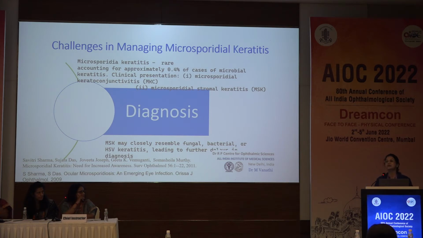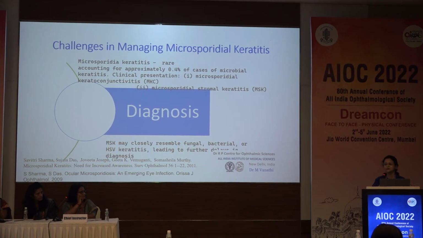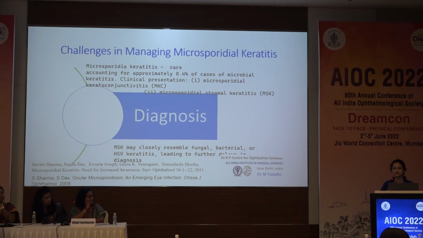That's the reason why we commonly miss microsporidial stromal keratitis, and several times it ends up as a chronic keratitis which is refractory to the antifungal therapy we are giving. So this is a very important challenge in managing microsporidial keratitis.